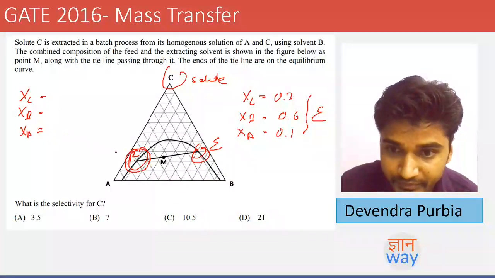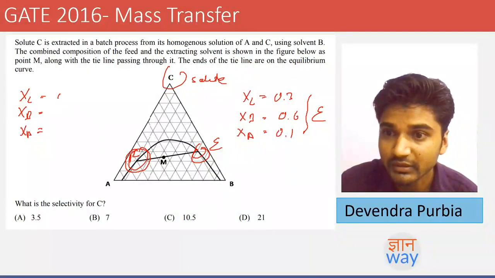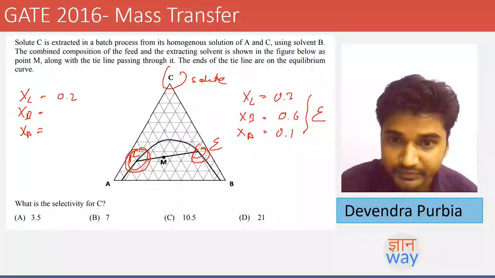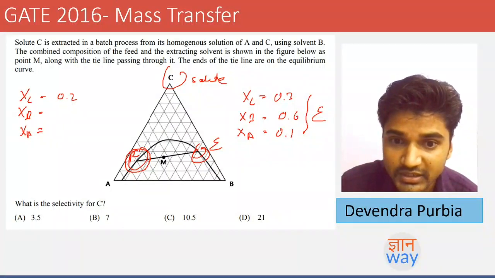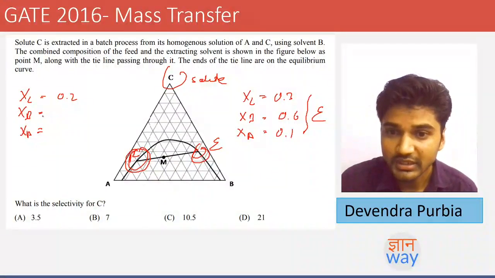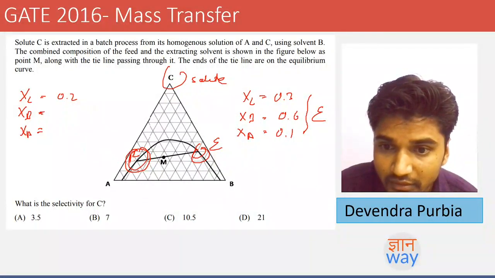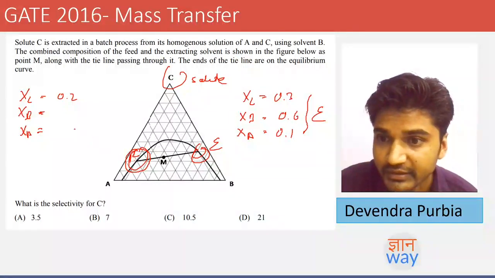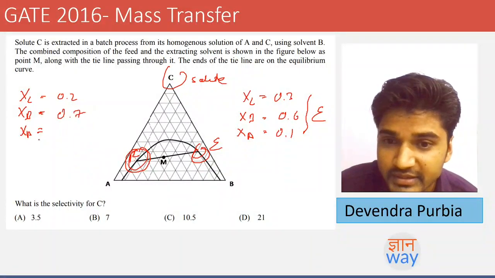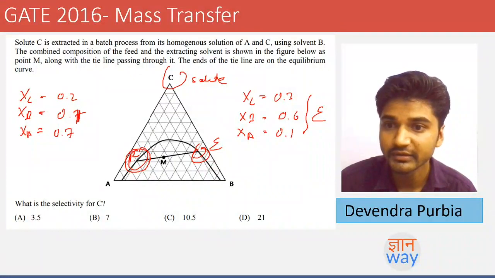So XC will be 0.2. XB is 0.1, and XA is 0.7.